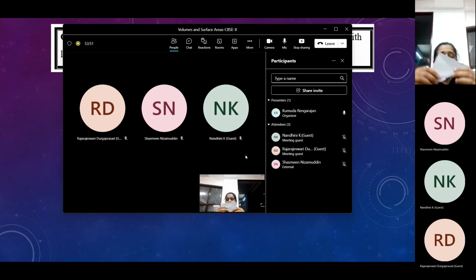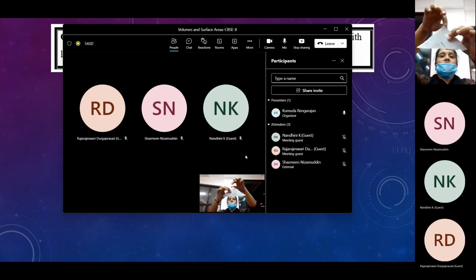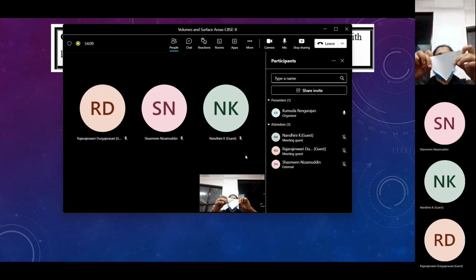But when you turn it about its hypotenuse, this is the right triangle, here is the right angle, and this is the hypotenuse. When you turn it about its hypotenuse and come back to the original position, a cone is generated on this side and on this side.